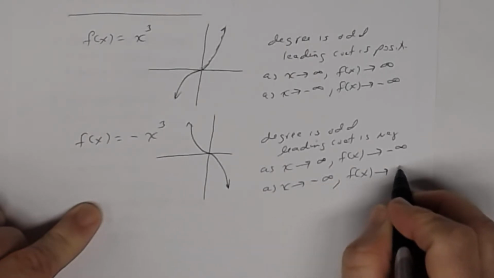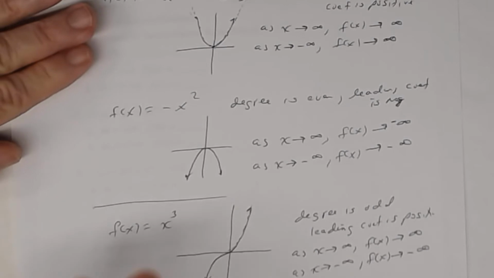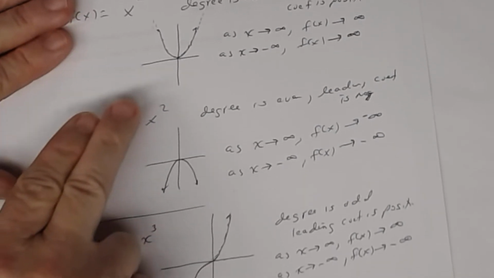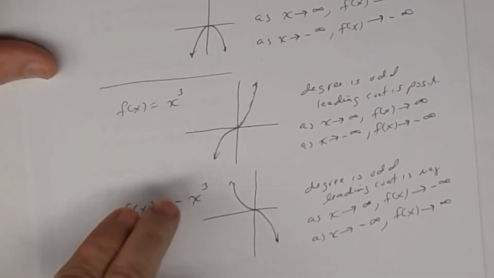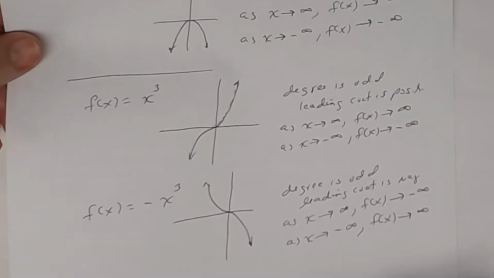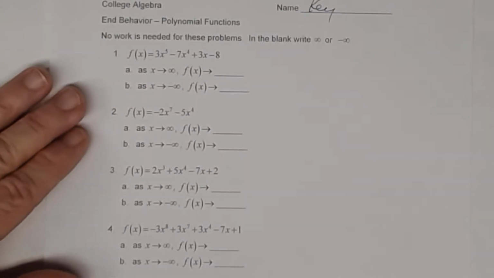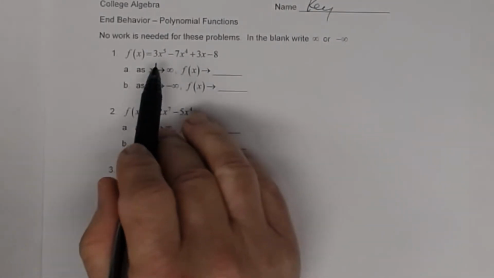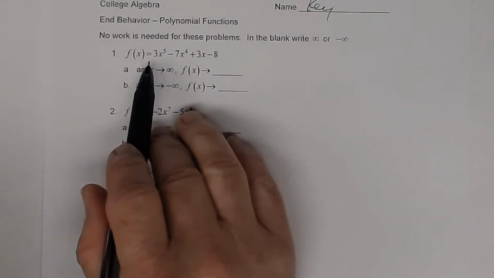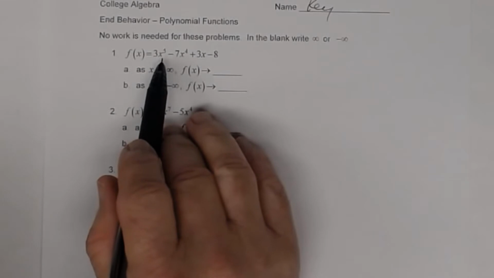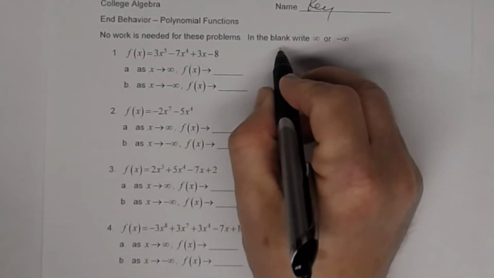All right, now knowing all of this, just knowing those basic functions, x squared, x cubed, negative x cubed, you are now able to answer these questions. Okay, so let's look at number 1. So when doing these, notice you have to make sure that you locate the leading term.